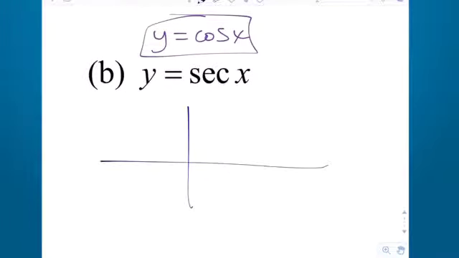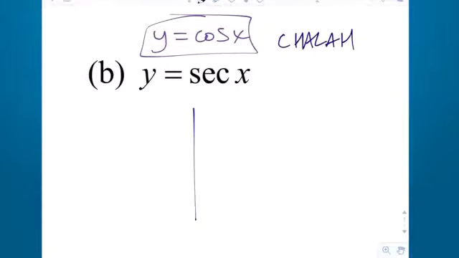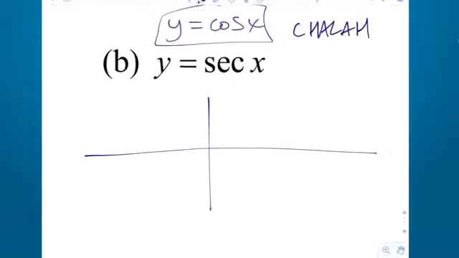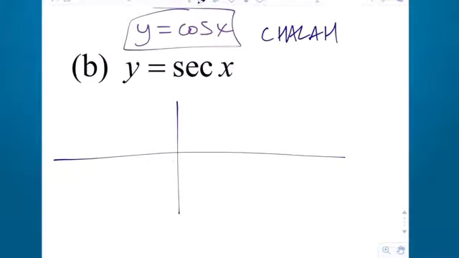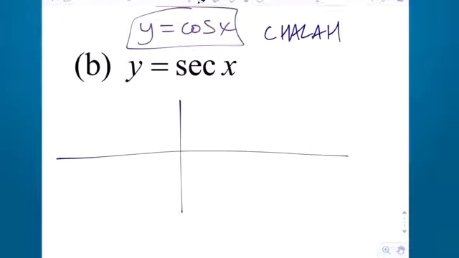Cosine, we graphed it by the Chala method. So let me get myself a better x and y axis there. There we go. What was the period, Trevor, of Chala? 2 pi. We're back to 2 pi. So there's 2 pi, 1 pi, and we're counting by quarter cycles again. So there's pi halves and 3 pi halves, and 0.